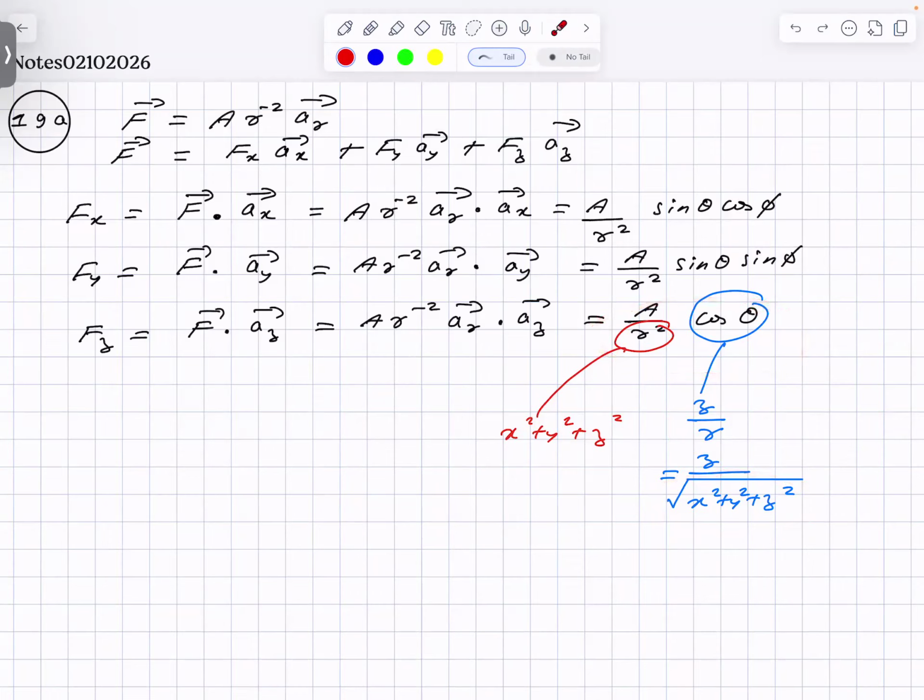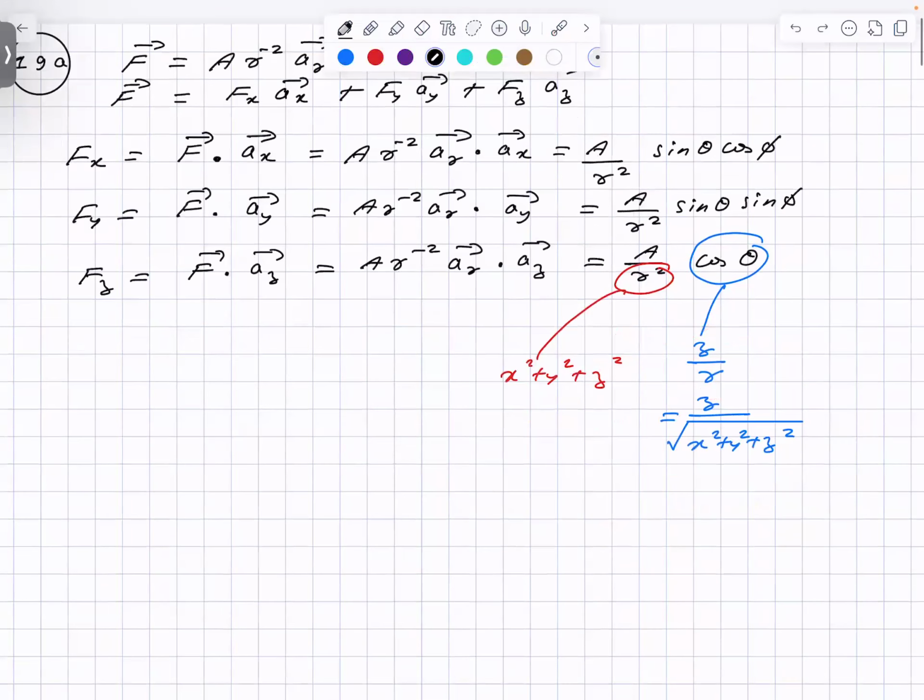What remains is sine theta, sine phi, cosine phi. But we can get those pretty easily. So we have cosine theta. Now, if we need to find sine theta, just consider a right angled triangle. We know cosine theta, so if we consider a right angled triangle with one of the angles being theta, then we can write cosine theta as base over hypotenuse, right?